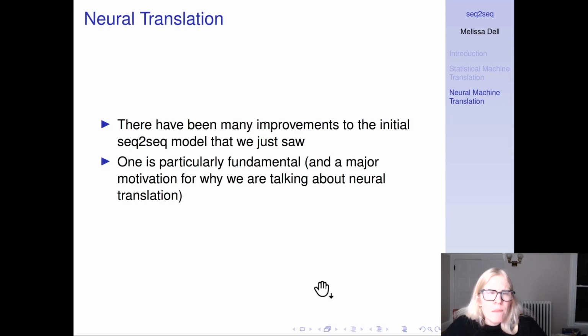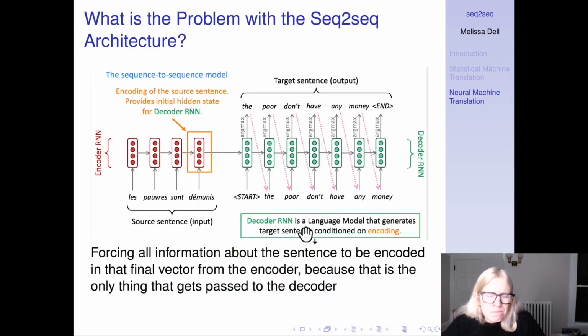All right. So there have been many improvements to the initial sequence-to-sequence model for neural translation that we just saw, but one is particularly fundamental and a major motivation for why we're talking about neural translation at this particular point in the course. So what is the problem with the model that I just showed you? Remember, the way the encoder works is you're taking the input word and you have this hidden state.